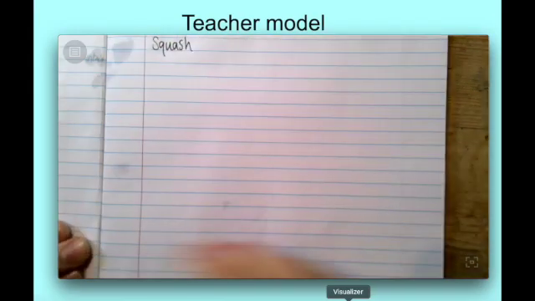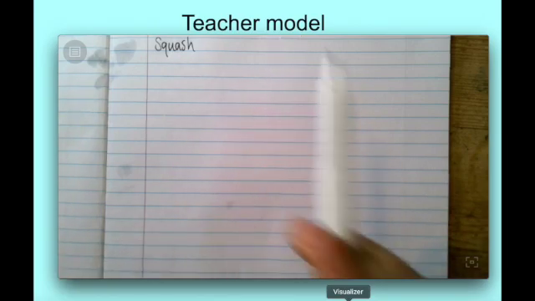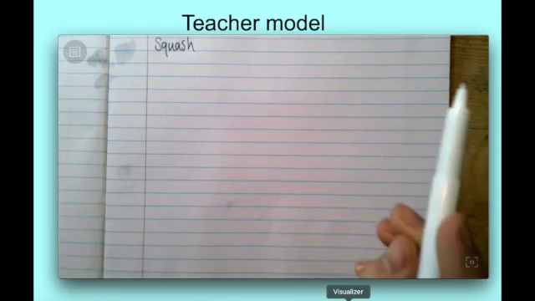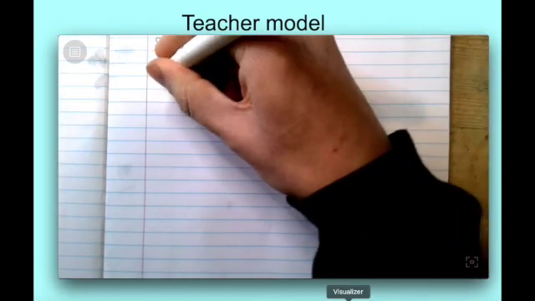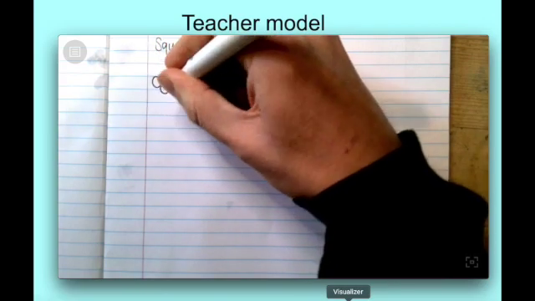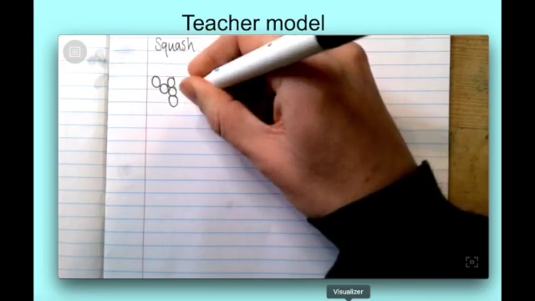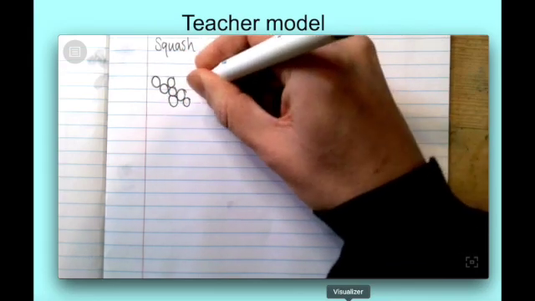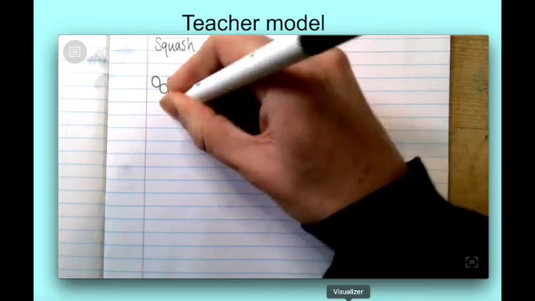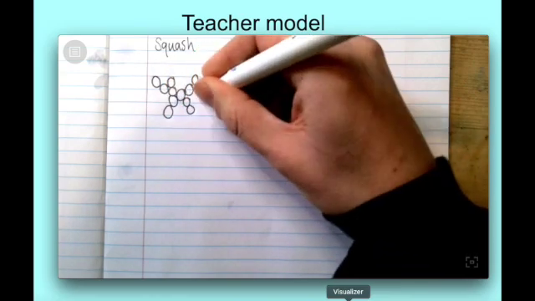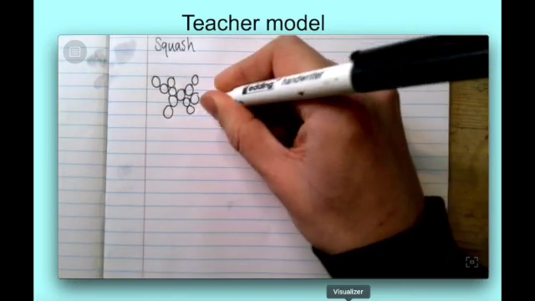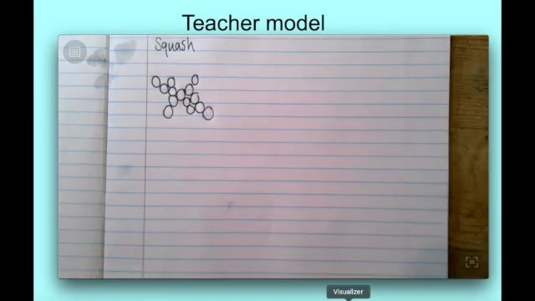Now think to ourselves, squash is it a solid, liquid or a gas? Well, really, it's a liquid, isn't it? So we know that it's going to be randomly arranged. They're going to be touching and they can slide past each other. So we know it's going to be a liquid, not in rows like a solid. So there's our liquid.